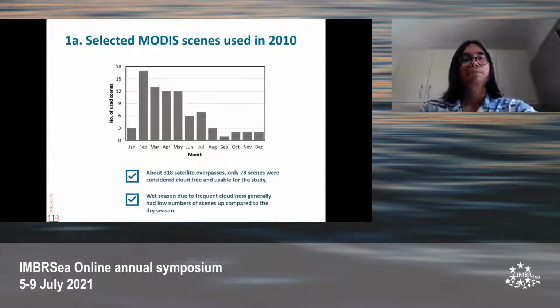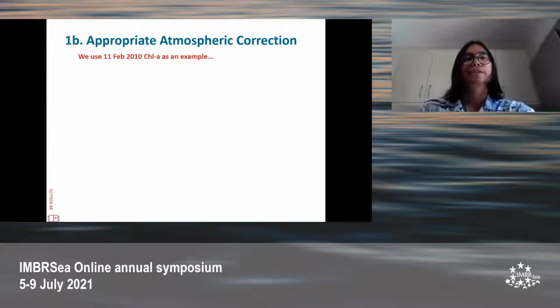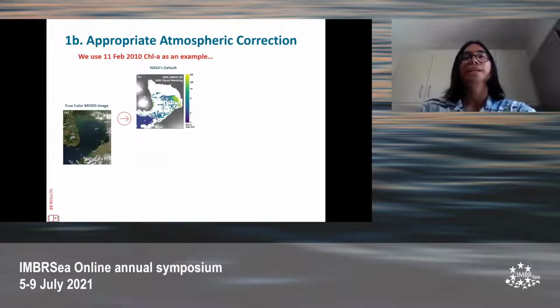In selecting the appropriate atmospheric correction, here we again use February 11, 2010 as an example, with NASA's default setting for illustration. Here we have a true color MODIS image. When we reprocess the image with the near-sphere atmospheric correction, we can see that it failed to retrieve chlorophyll A smoothly.